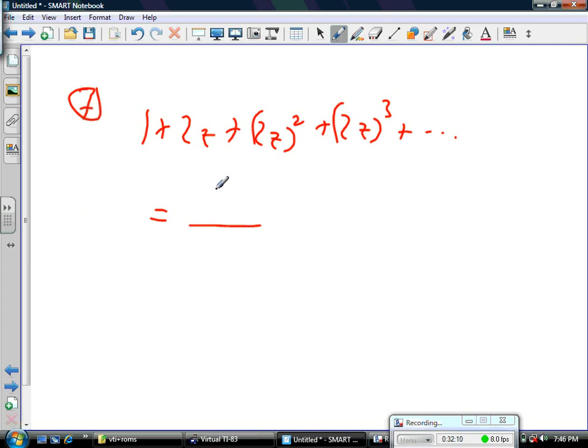What goes on top? a, which is 1, over 1 minus r, which is 1 minus 2z. Only if r in absolute value is less than 1. Guess what you just proved? When a power series converges, it converges to a function.